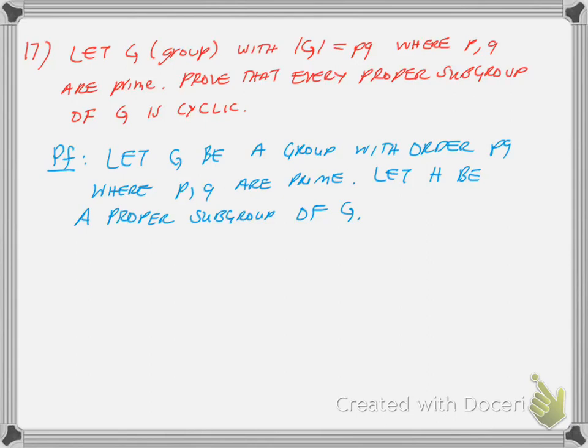And if H is any general proper subgroup, then once we prove it for H, we've proved it for all the proper subgroups. Okay. Well, by Lagrange theorem, the order of H divides the order of G.